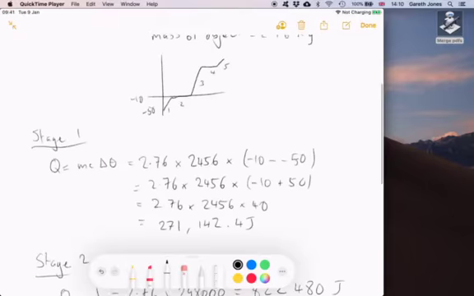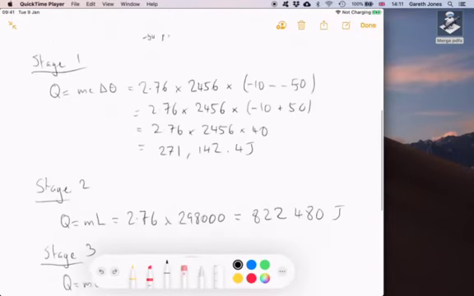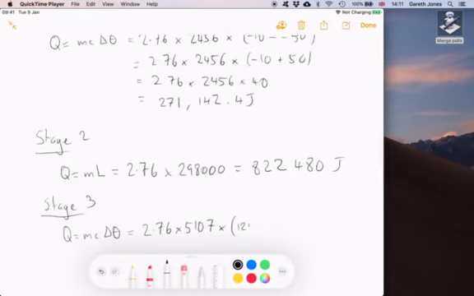Now the final temperature, the question tells us when it boils, is 125. So now it's going from minus 10 all the way up to 125, okay? So our final temperature is 125 minus minus 10.